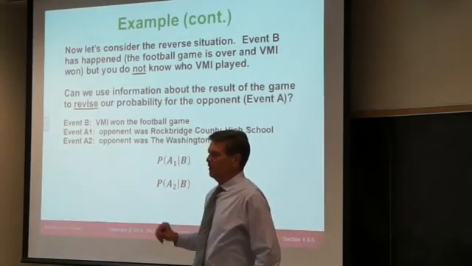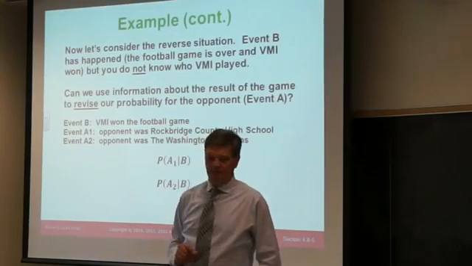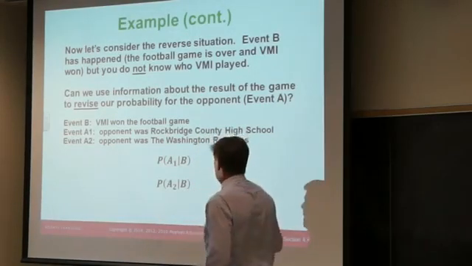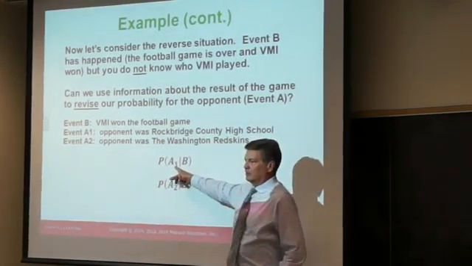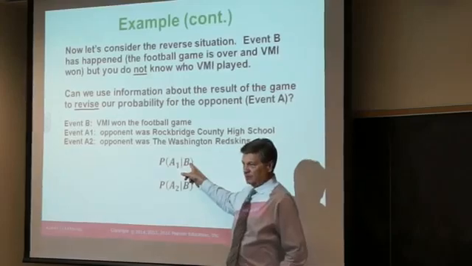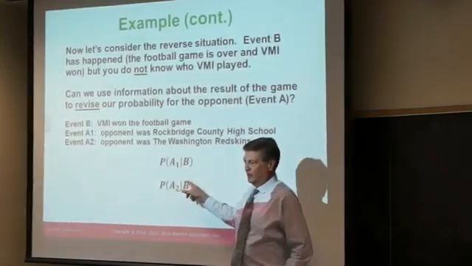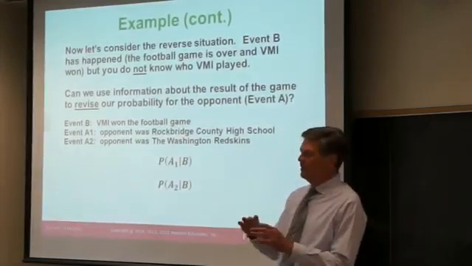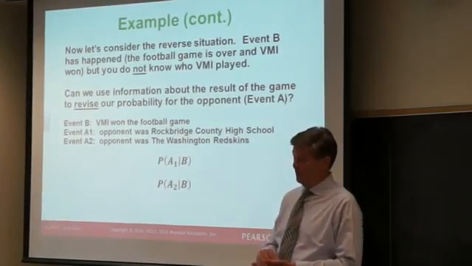Suppose you know that VMI won the game, but you don't know who they played. Now we might ask, what's the probability that they played the local high school given that they won? Or what's the probability that they played the Redskins given that they won? At different points in time, I have different information, and I can use that to update my probabilities.